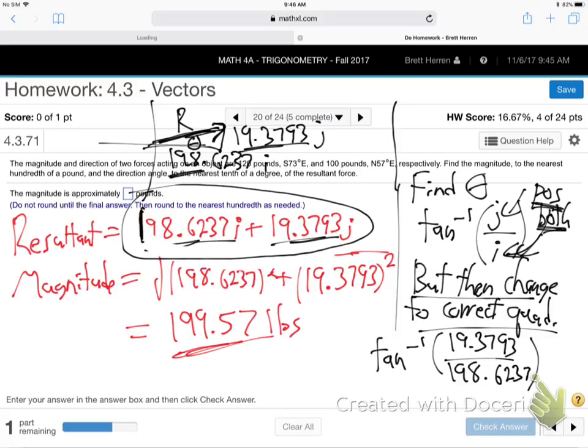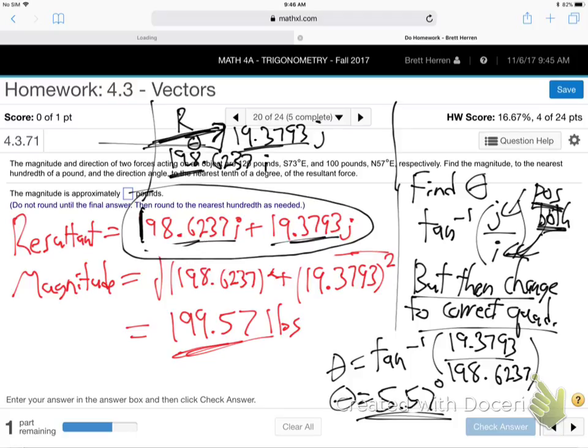I'm getting the angle 5.57 degrees. Y'all getting that? 5.57 degrees. That's the angle of this vector.